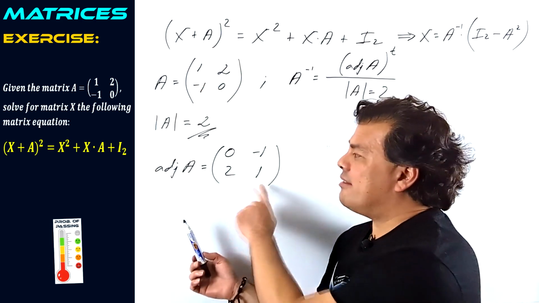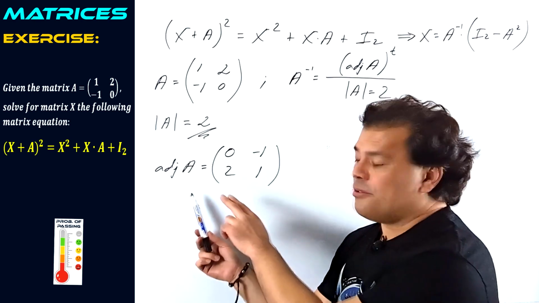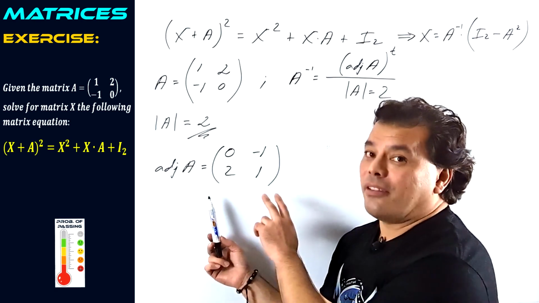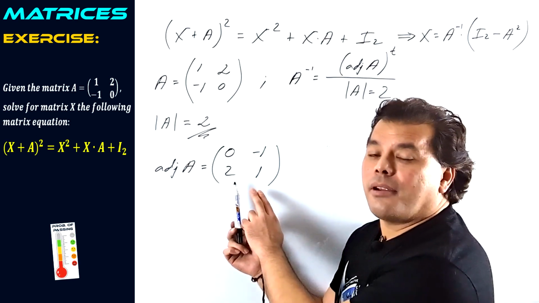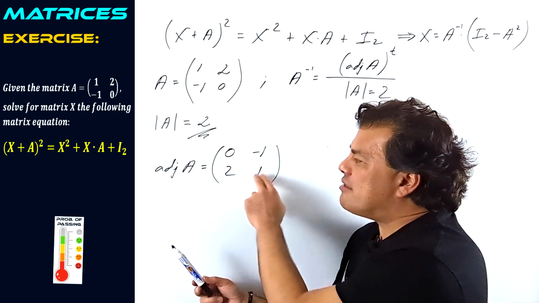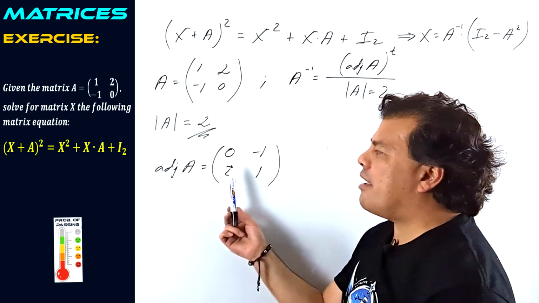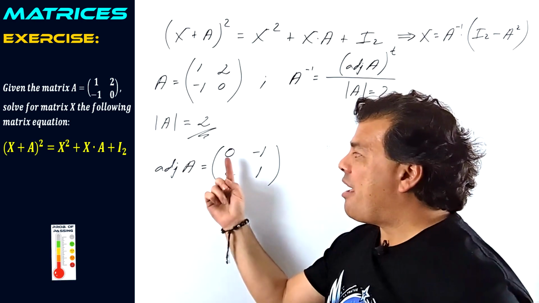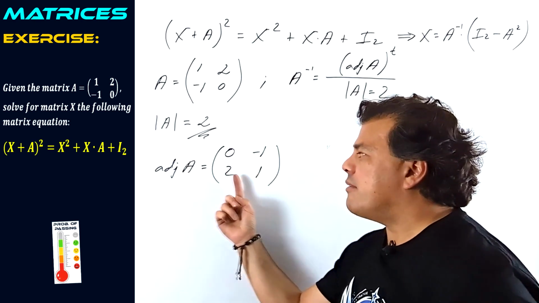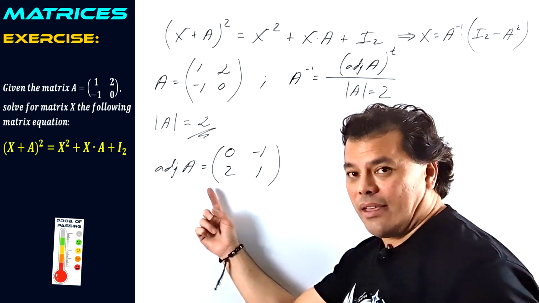Do you think that these are the adjugate matrix? I'm afraid it is still not. These are the complementary minors. For these complementary minors to become the adjugates, we need to use the snake. Positive, negative, moving as a snake.